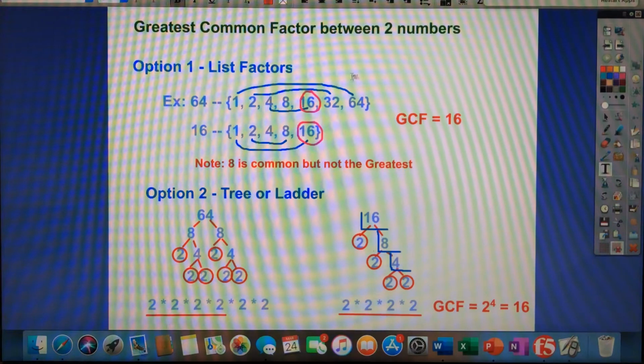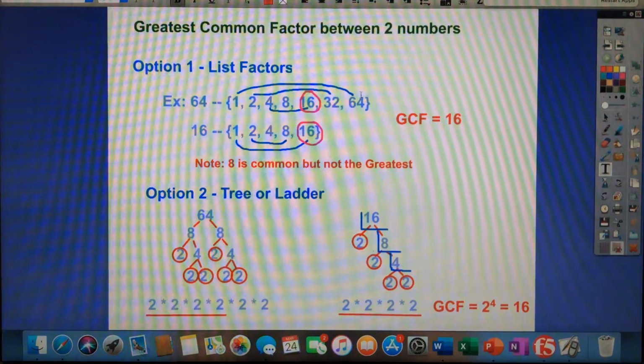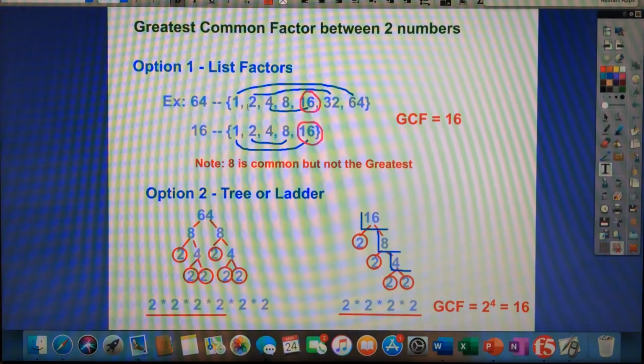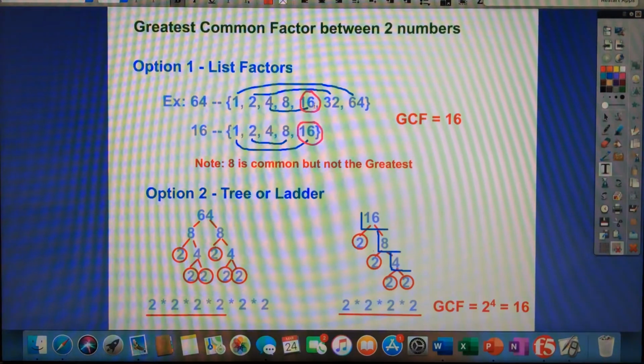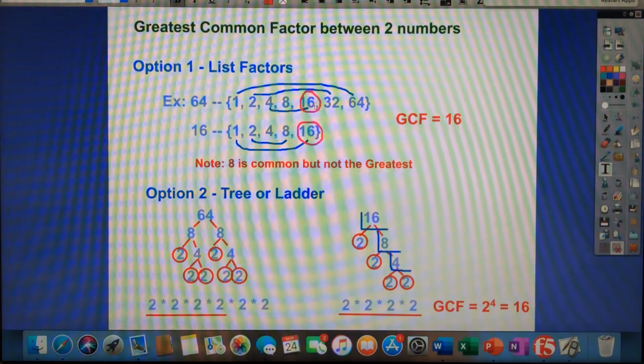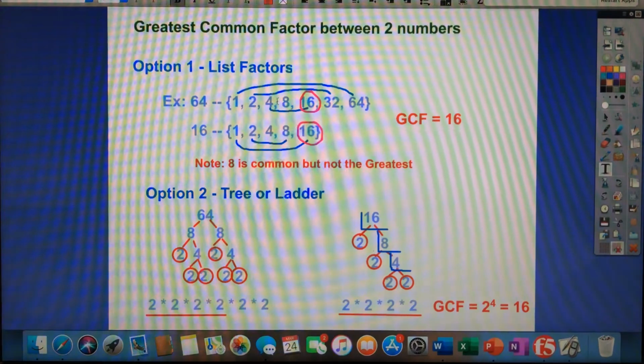It's 1 times 64. So place that on the end and hope you have enough space. Does 2? Yes, 2 goes into 64. How many times? 32. Does 3? No. Does 4? Yes, 4 goes into 64 16 times. 5? 6? 7?